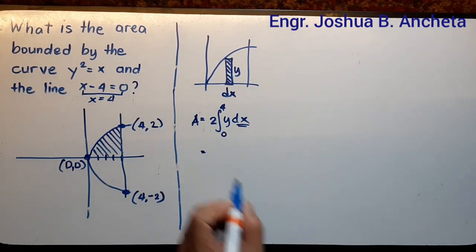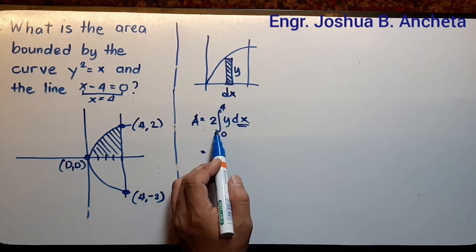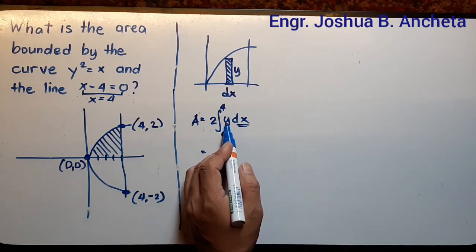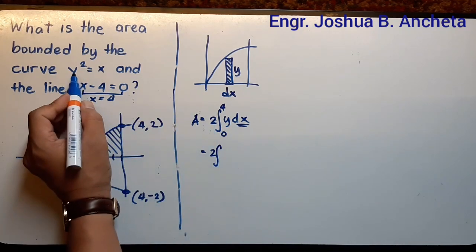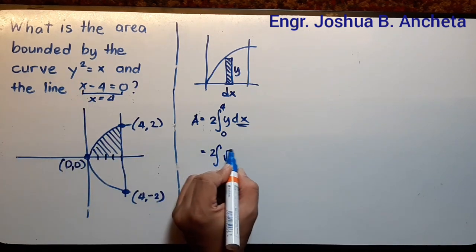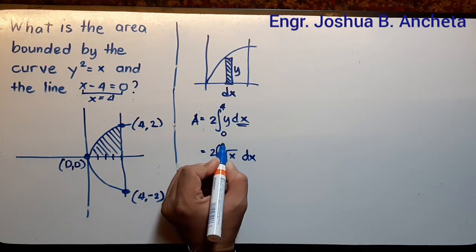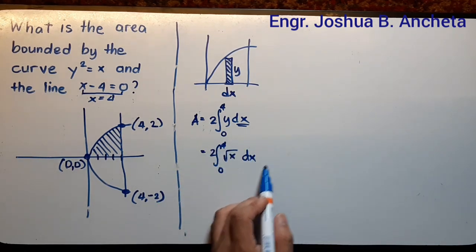Next step. Since we need to perform integration with respect to dx, y should be in terms of x. So let us replace y in terms of x, and this is square root of x, from 0 to 4. Here you can use your calculator now.